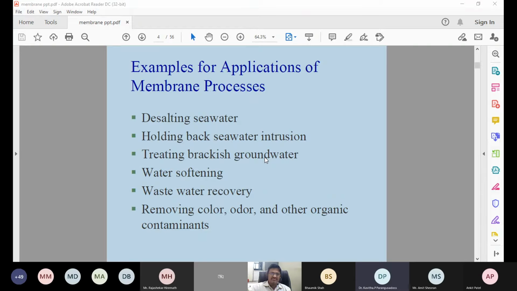Anyone knows what is the limit for dissolved solids for drinking water? If no alternate sources are there, you can drink up to 1000 also, but generally we are not going above 600. Okay, we cannot drink also, it will become somewhat salty in taste. 500 to 600 it is more.